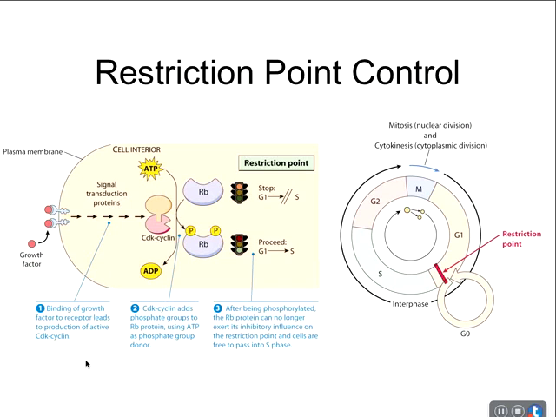The signal transduction cascade will produce the cyclin needed. What's the cyclin going to do now? It binds to its cyclin-dependent kinase. Cyclin binds to CDK. And CDK is now going to phosphorylate something. And the one we're excited about here is it's going to phosphorylate RB.